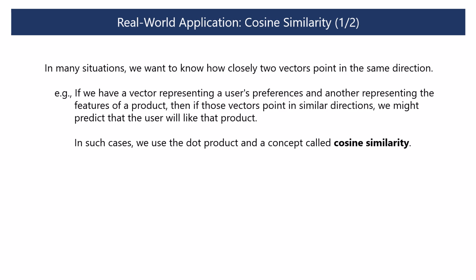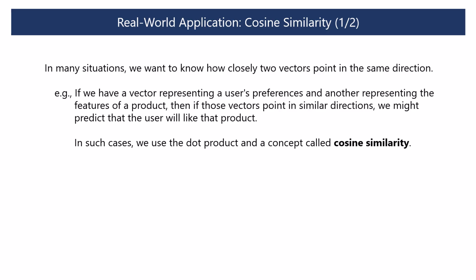Now, let's look at how the dot product is actually used in real-world data analysis and machine learning. One of the most important applications is in measuring similarity between vectors. In many situations, we want to know how closely two vectors point in the same direction.